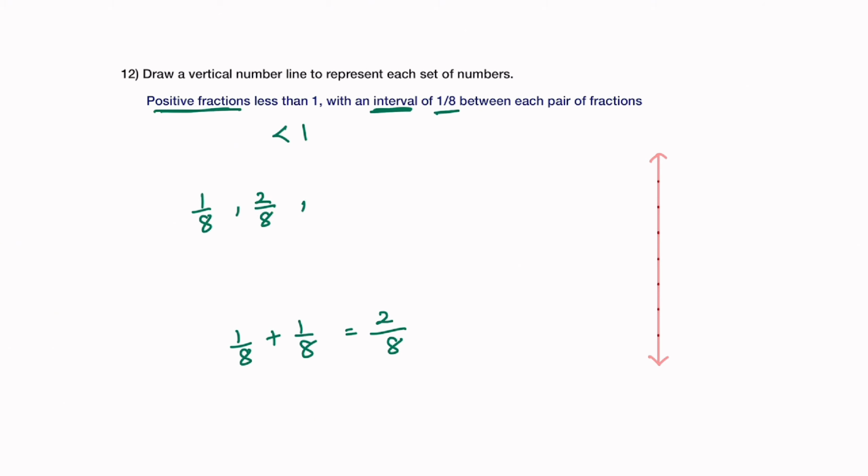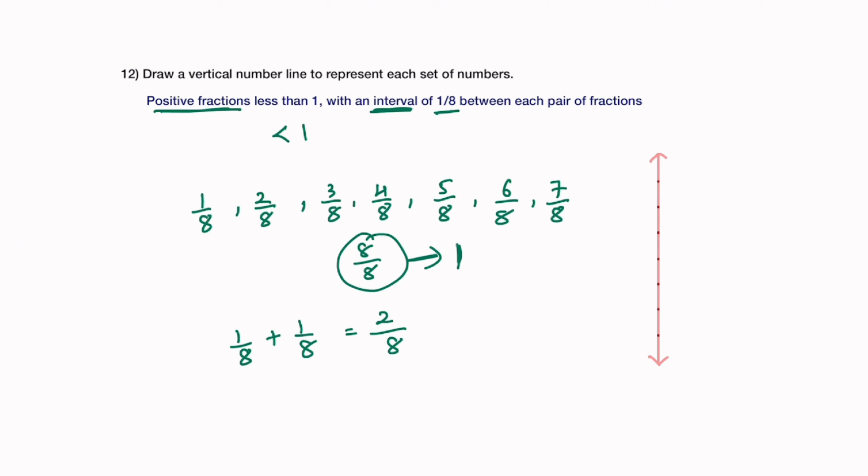The next one is, yes, you know it, 3/8, 4/8, 5/8, 6/8, 7/8. Do we go further? Let's see. Next one would be what? 8/8, right? And 8/8 will be what? It gives a whole number of 1. But it says less than 1.